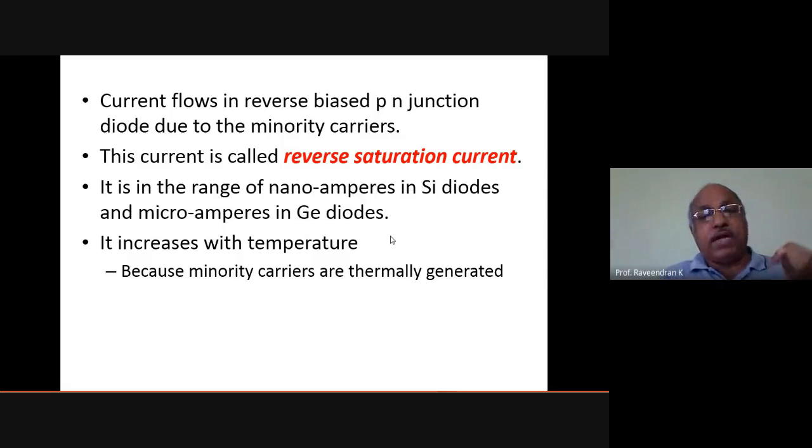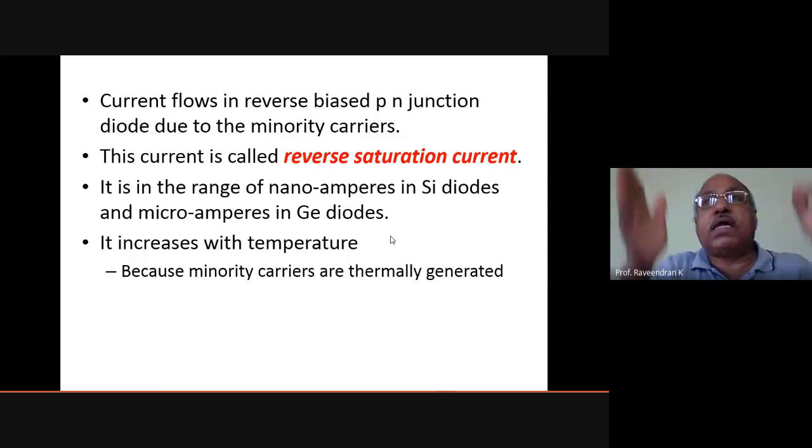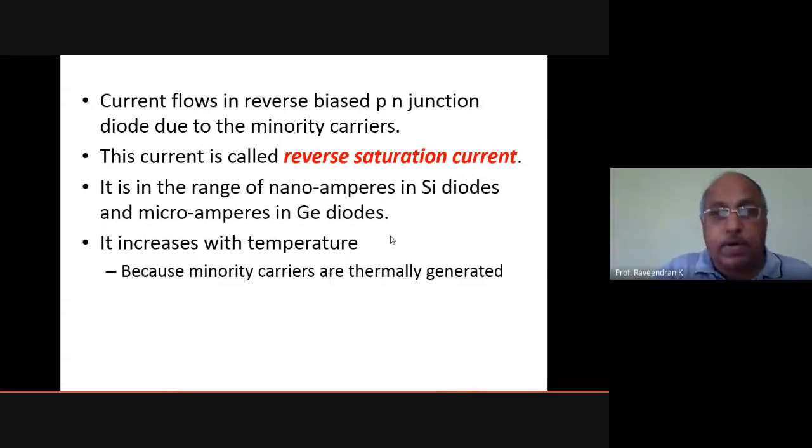So now we have learned about the PN junction diode, how the PN junction behaves when there is no external voltage applied, and how it behaves when a source of potential is applied in the forward direction, the forward biased condition. What is a forward biased condition? What are the necessary conditions for forward biasing?